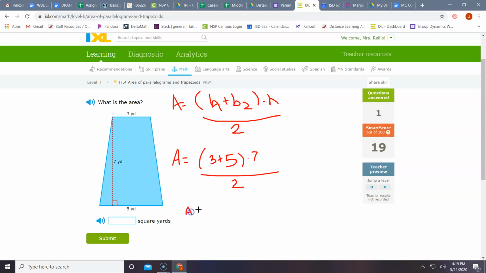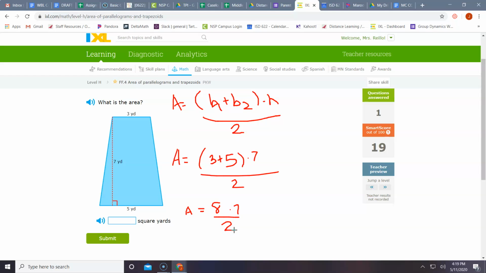So 3 plus 5 gives us 8 times 7 divided by 2.